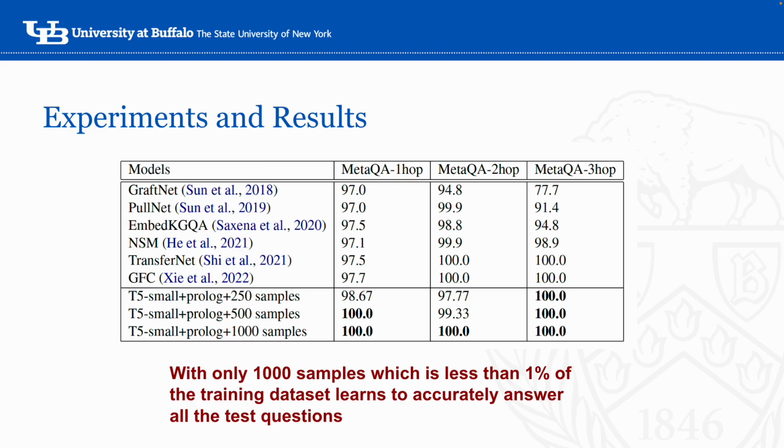Given only 1,000 samples, which is less than 1% of the training dataset, we can train a T5 model which can be used to answer all of the questions in the test dataset of MetaQA.